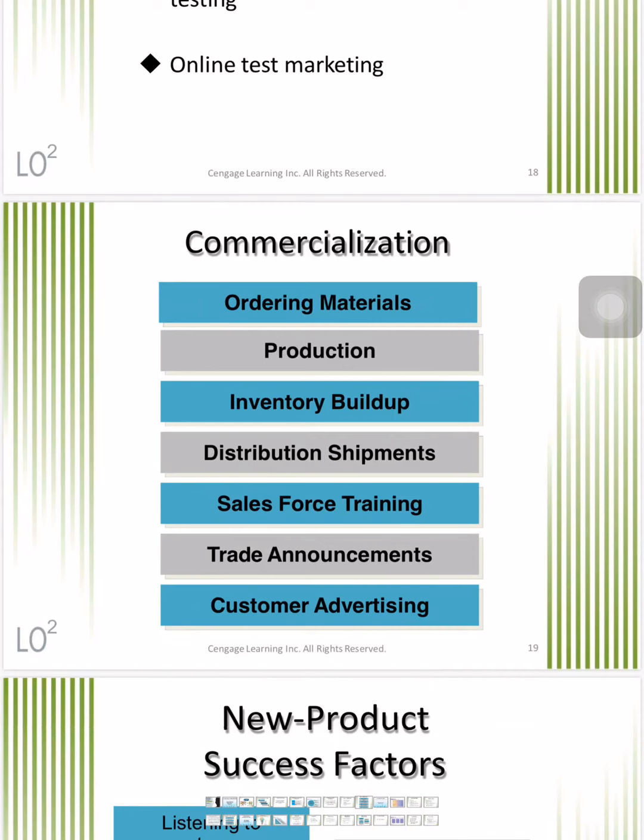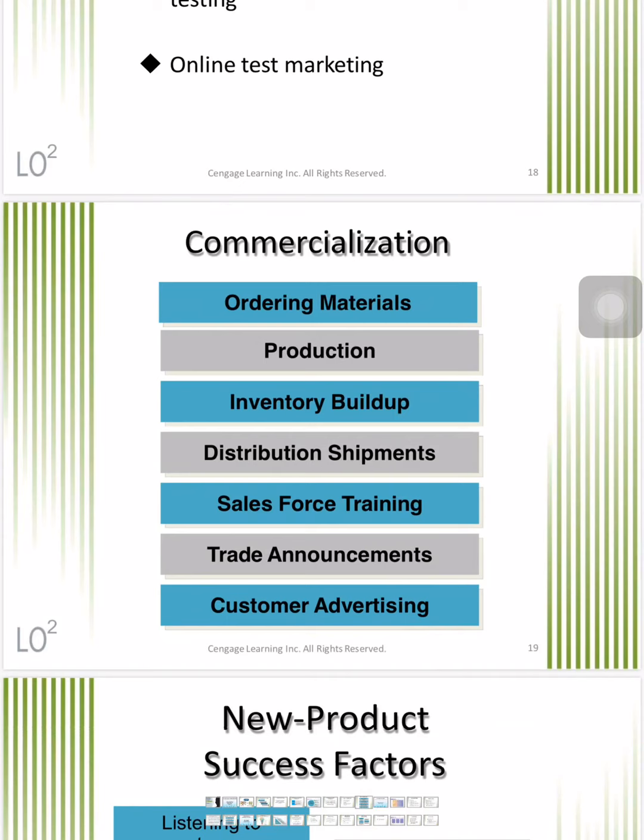You have to order materials, start production, build the inventories, and then ship the product to fill the distribution points. It means you have to do shipping in order to distribute your products, and then you have to do training for the sales force.